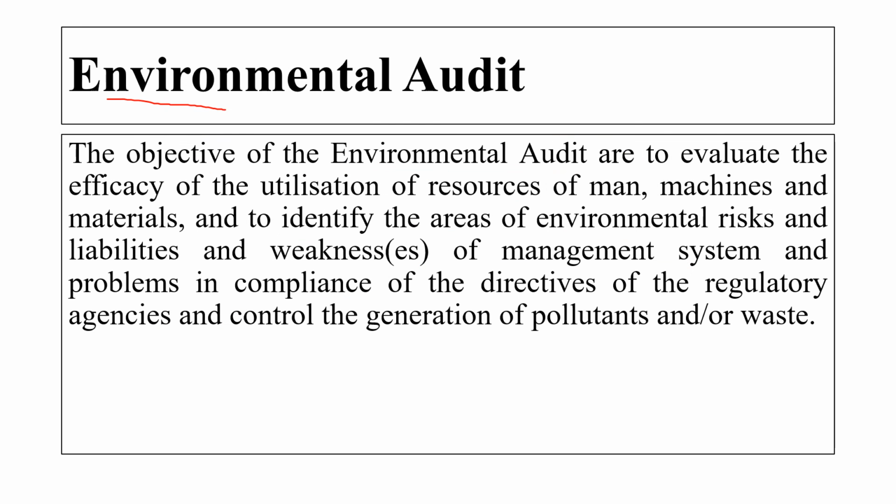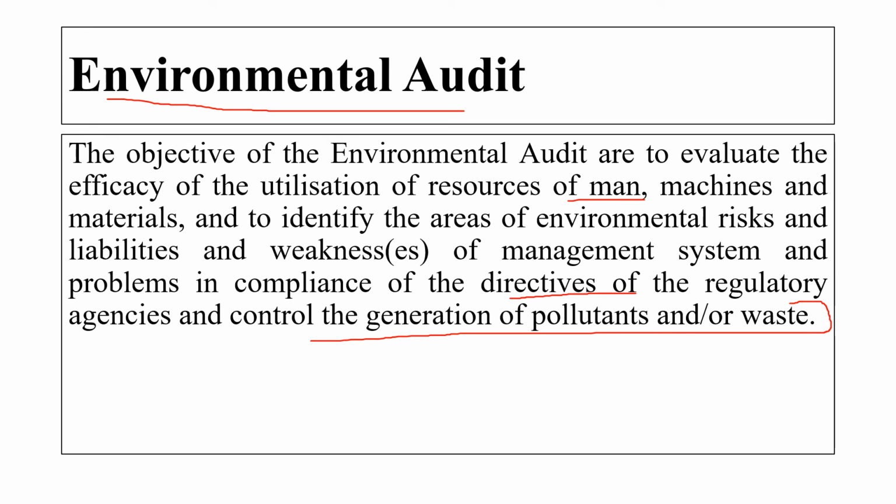Then is an environmental audit. It is related to the environment. The objectives of an environmental audit are to evaluate the efficacy of the utilization of resources of man, machine and material, and to identify the areas of environmental risk and liability and the weaknesses of the management system and the problems in compliance with the directives of the regulatory agency, and control the generation of the pollutant or waste, okay.